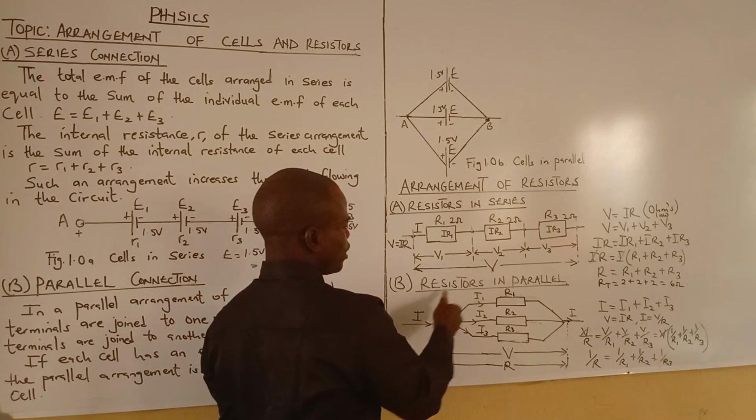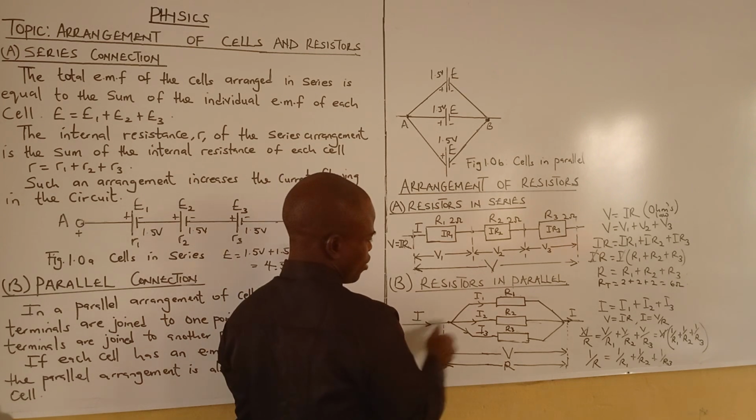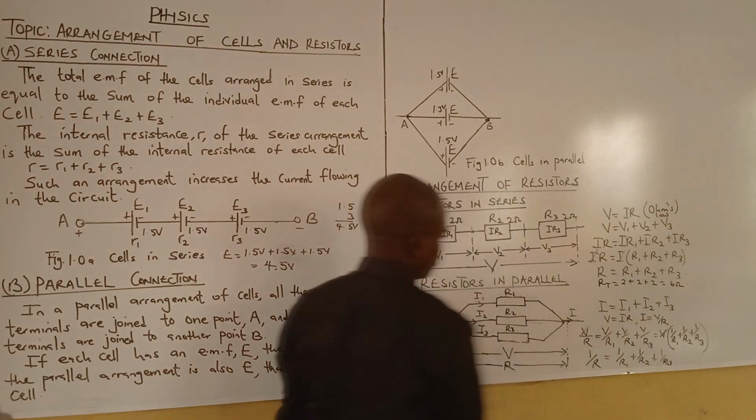Now, when it gets to resistors in parallel, current divides. You can see it, I equals I1 plus I2 plus I3.